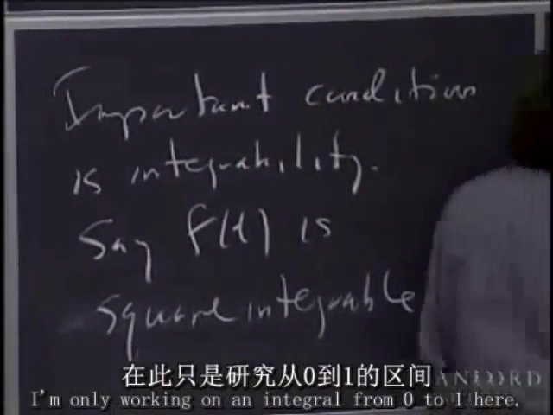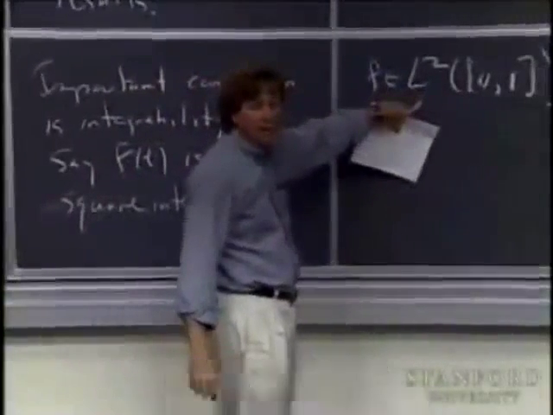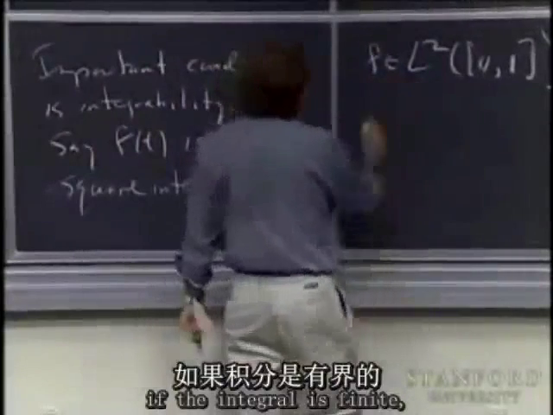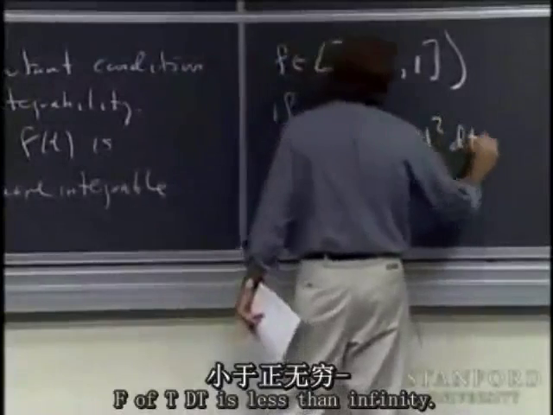I'm only working on the interval from 0 to 1 here, and L2 stands for square integrable. The 2 stands for square, and the L stands for Lebesgue, and I'll say a little more about that in a second. The condition is that the integral of the square is finite: the integral of f of t squared dt is less than infinity.